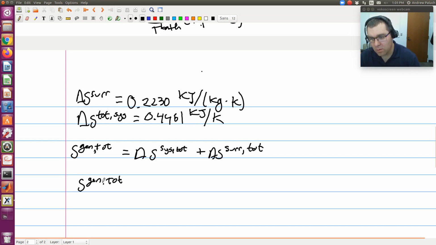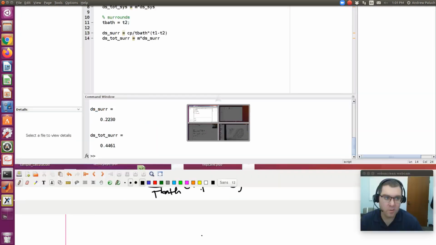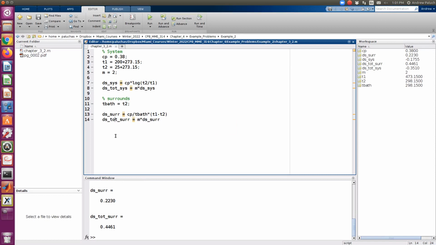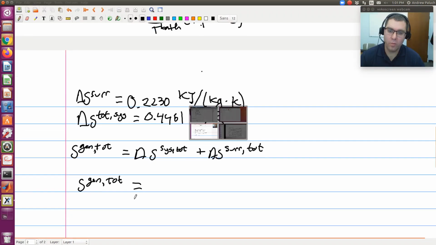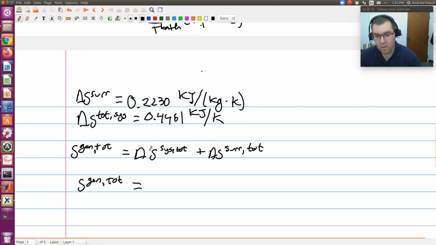So my entropy generation, S gen total, would be delta S for my system total plus delta S for my surroundings total. And that's 0.0951 kilojoules per Kelvin.